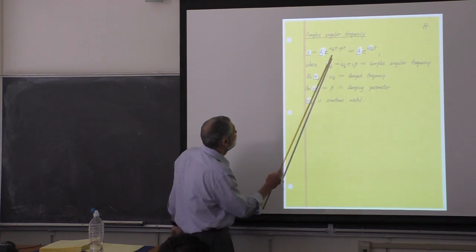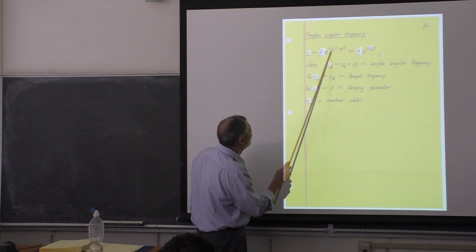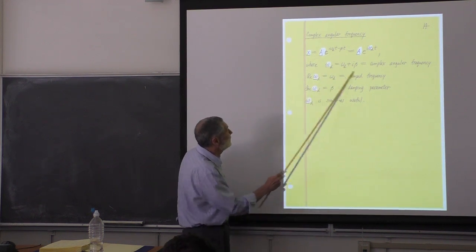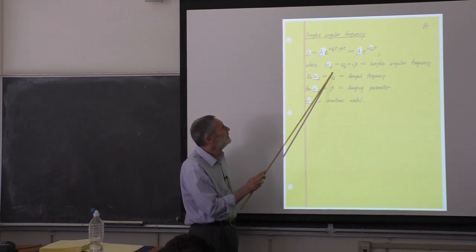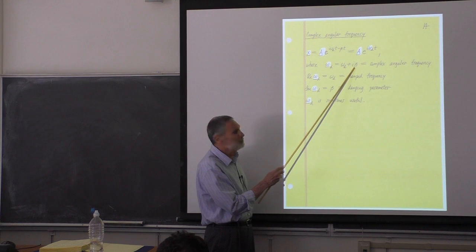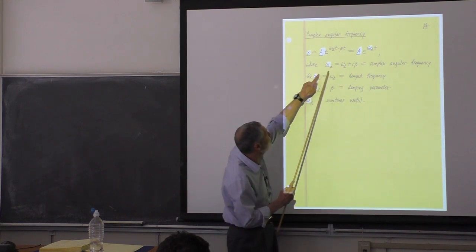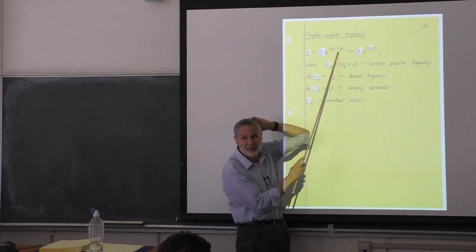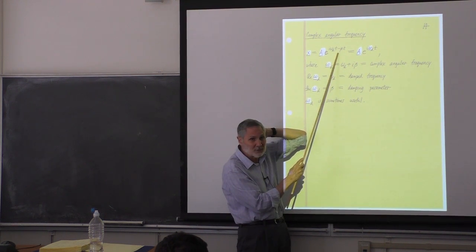We have two quantities here. We have this damped frequency and we have the damping parameter. We can combine them into one complex quantity here. The real part is the damped frequency. The imaginary part is the damping parameter. And you can see that if you take this and substitute it into here and just stare at it, you'll see that you get this, right? Because i times i is -1.